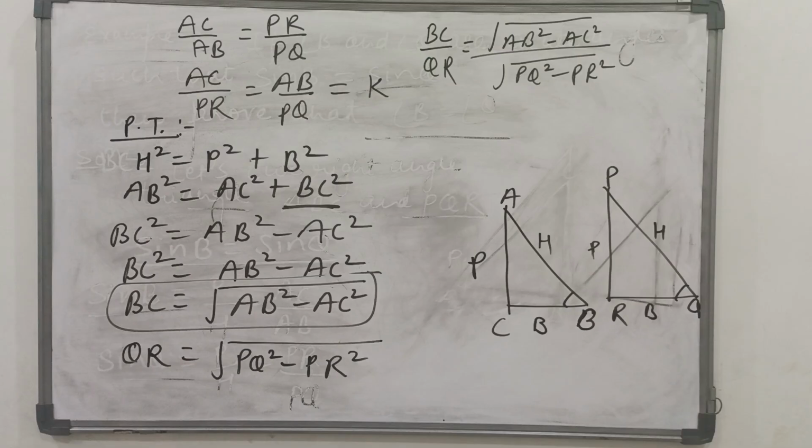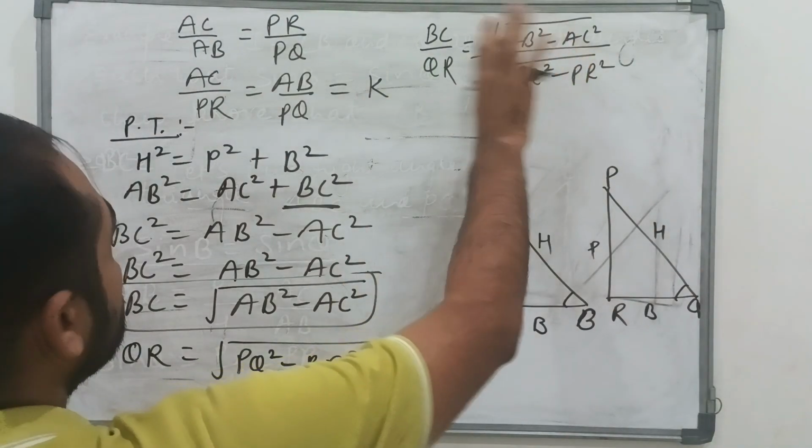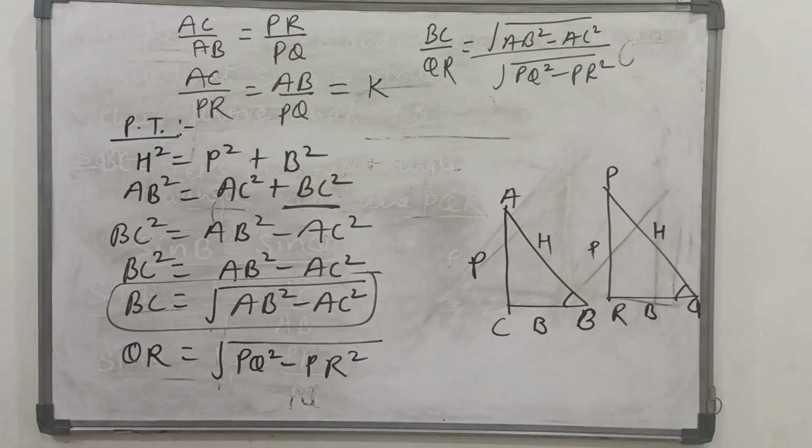अब एक बात कर लेते हैं, किसी एक को पकड़ लेते हैं, AB को PQ और PR में कन्वर्ट कर दो, तो क्या करोगे? AB की जगह मैं क्या रख दूं?